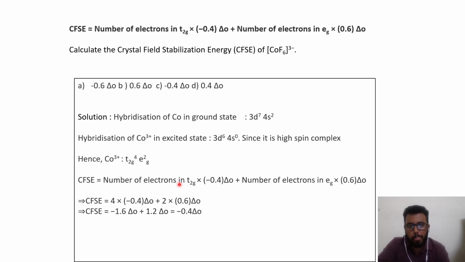So the number of electrons in T2G is 4. 4 into minus 0.4 delta O plus 2 into 0.6 delta O. So you will get minus 1.6 delta O plus 1.2 delta O. That will be minus 0.4 delta O. Are you able to follow? In that way, you can calculate the crystal field stabilization energy for this particular complex, hexafluorocobalt.